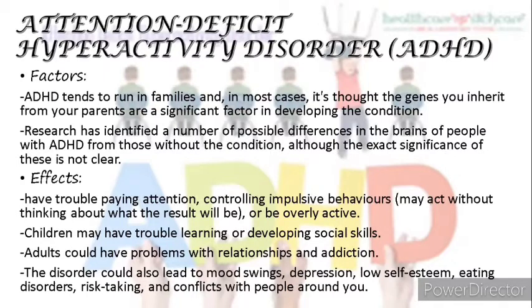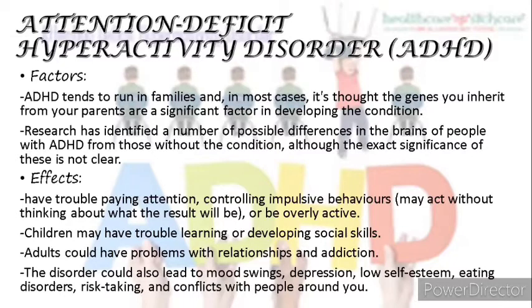Attention deficit hyperactivity disorder, or ADHD, tends to run in families, and in most cases the genes inherited from our parents are thought to be a significant factor in developing the condition. Research shows that parents and siblings of a child with ADHD are more likely to have ADHD themselves.